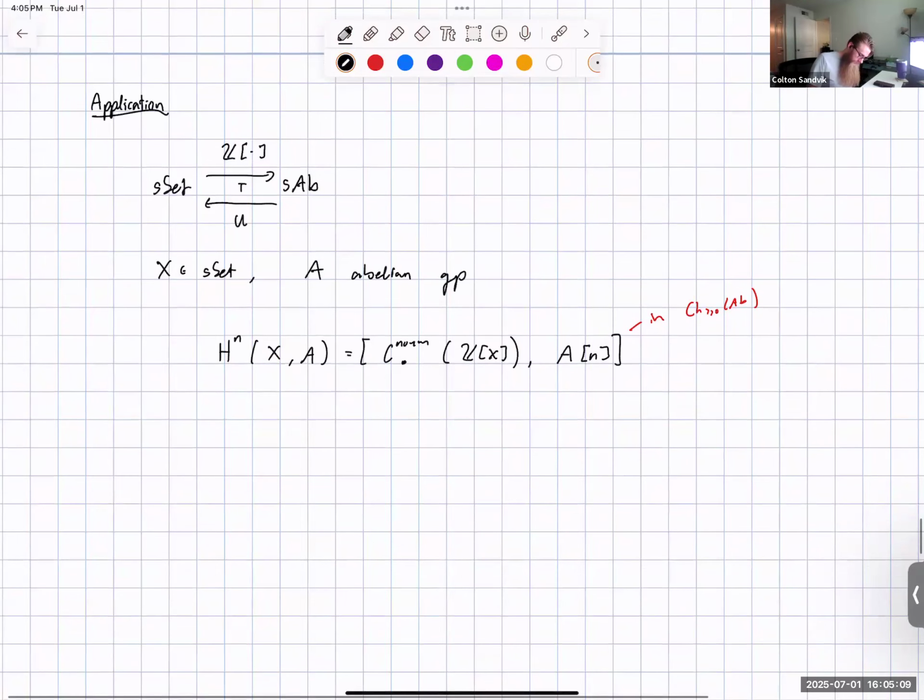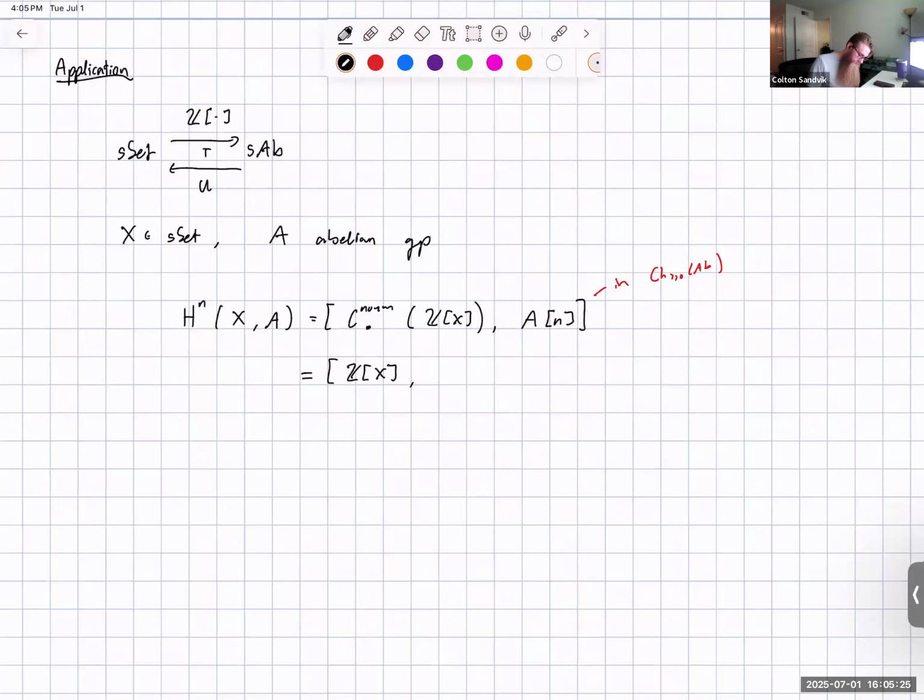And what Dold-Kan says is that this is equivalent to classes of simplicial homotopies to, here what I'm writing is gamma is the inverse functor of the normalized chain complex functor.